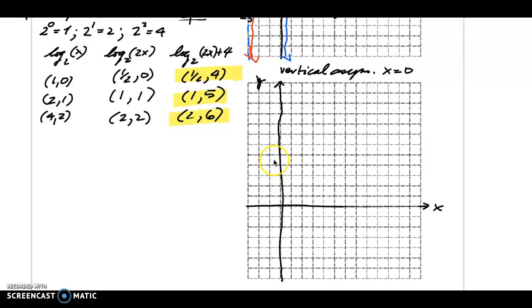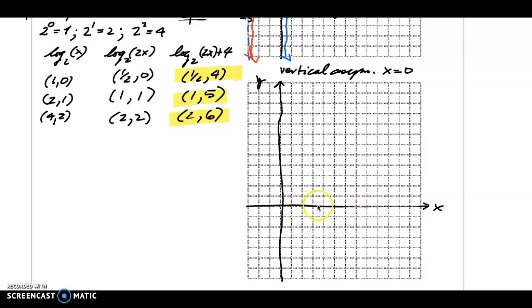Right, that's our equation, vertical asymptote. Then this will be, what do I want here? So a half. If I want 6, I can say maybe 1, 2, 3, 4. No, it's going to go up, so I only go 1, 2.